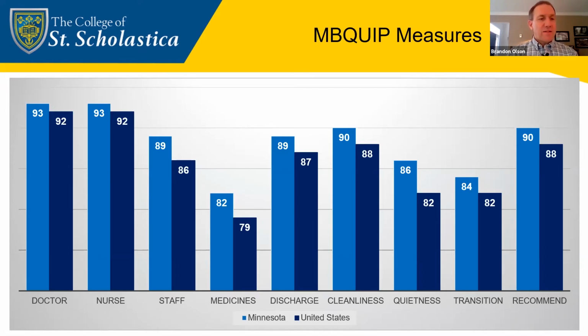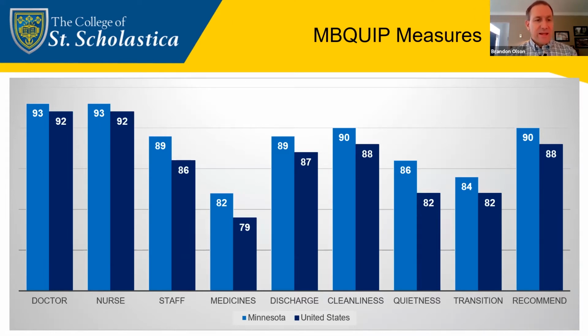The doctor score represents the average score from the patient satisfaction regarding the doctor's communications. And we can see this is very high, an average of 93 compared to a nationwide average of 92. The next column represents the patient satisfaction with the nurse's communication.